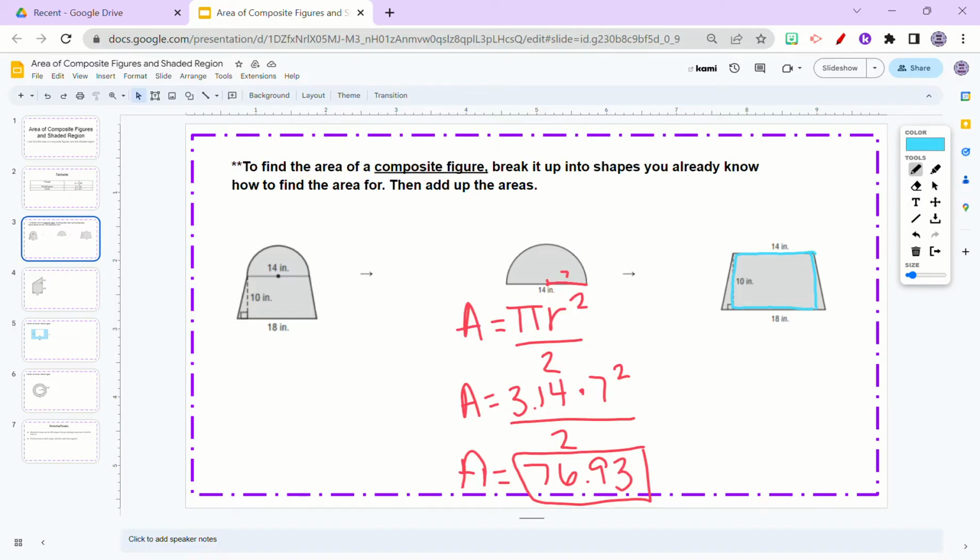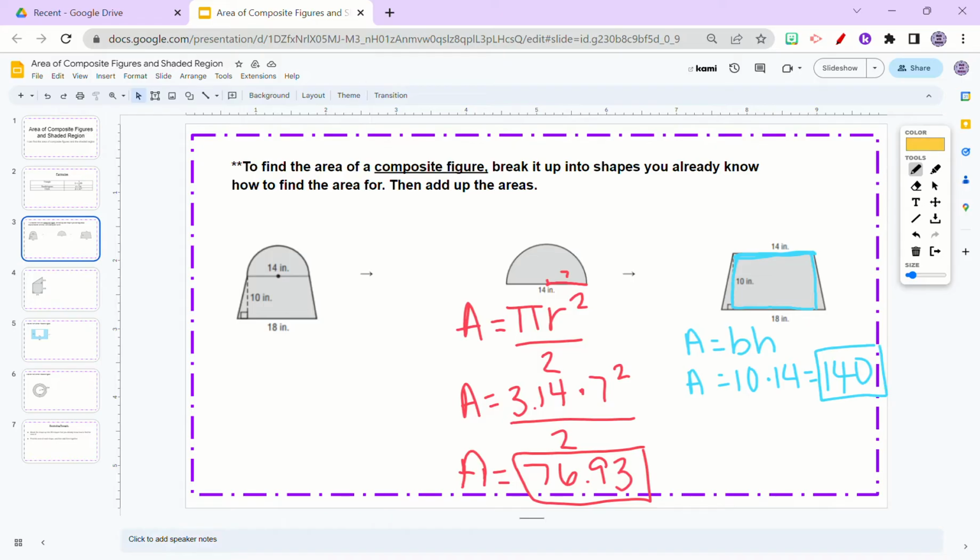First we broke it up into the rectangle in the center. The rectangle has dimensions of 14 and 10, so the area of the rectangle will be 10 times 14 to get 140.